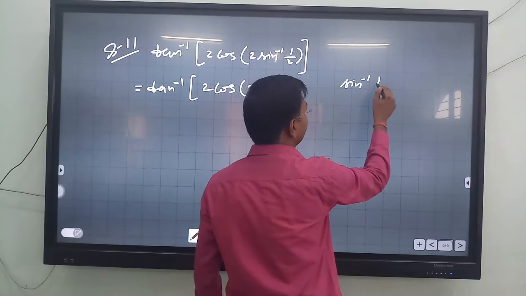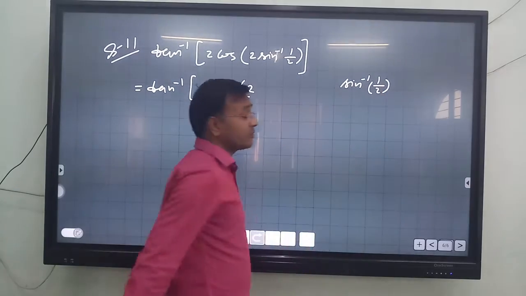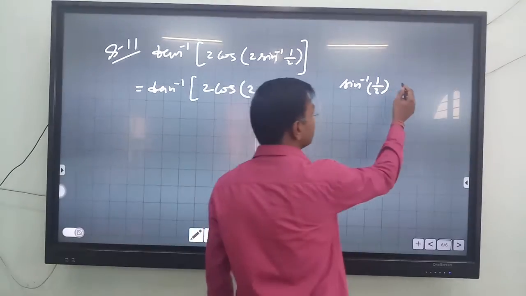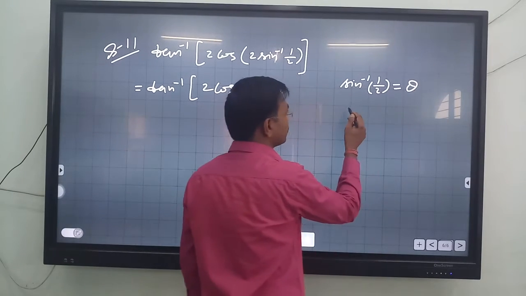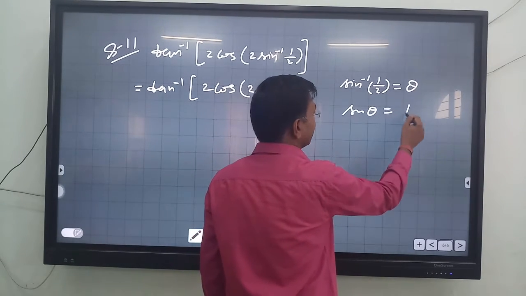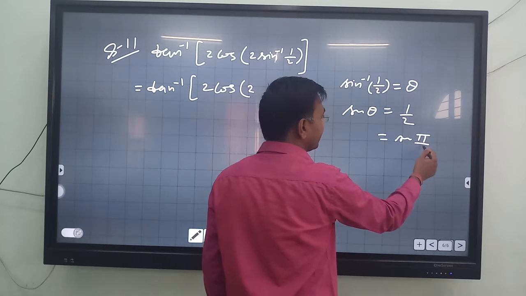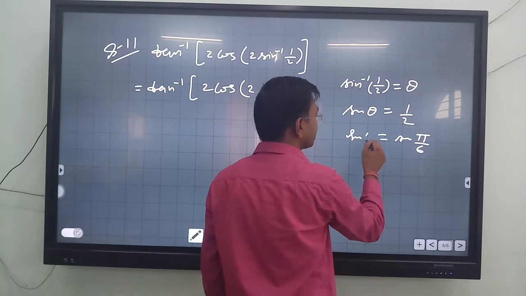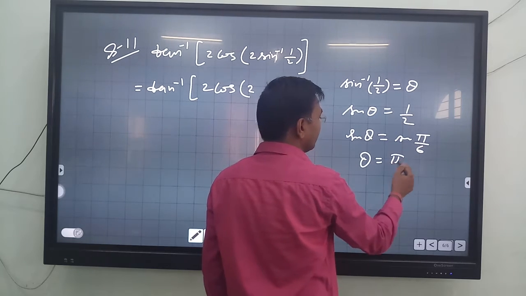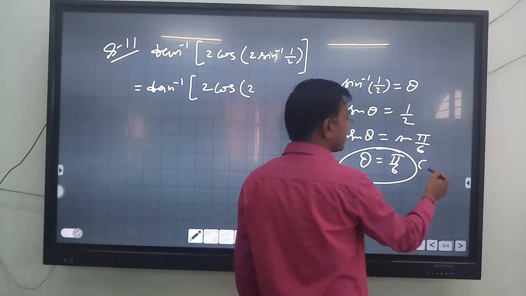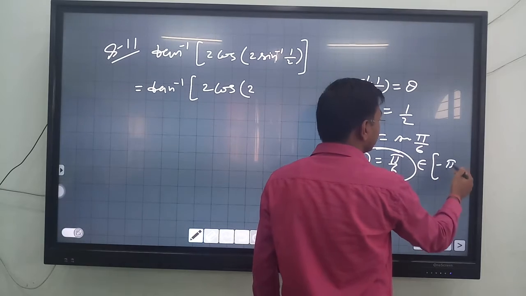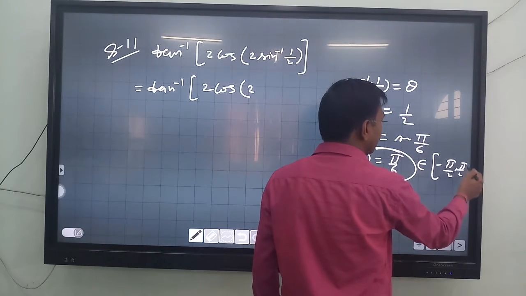So we have to simplify this term, sine inverse 1 by 2, and we know that this becomes theta, assuming that sin theta equal to 1 by 2, and this is the value of sin 30 degrees, that is pi by 6. On comparing, theta equal to pi by 6, and this pi by 6 must belong to minus pi by 2 to pi by 2.